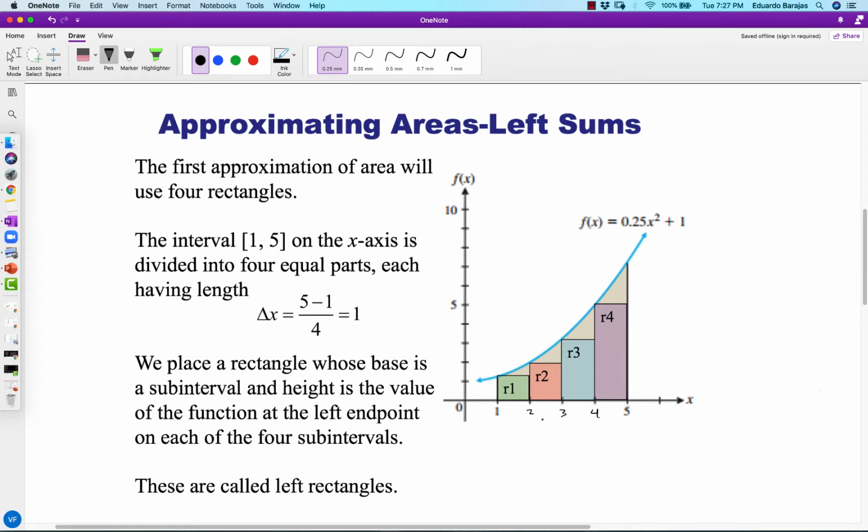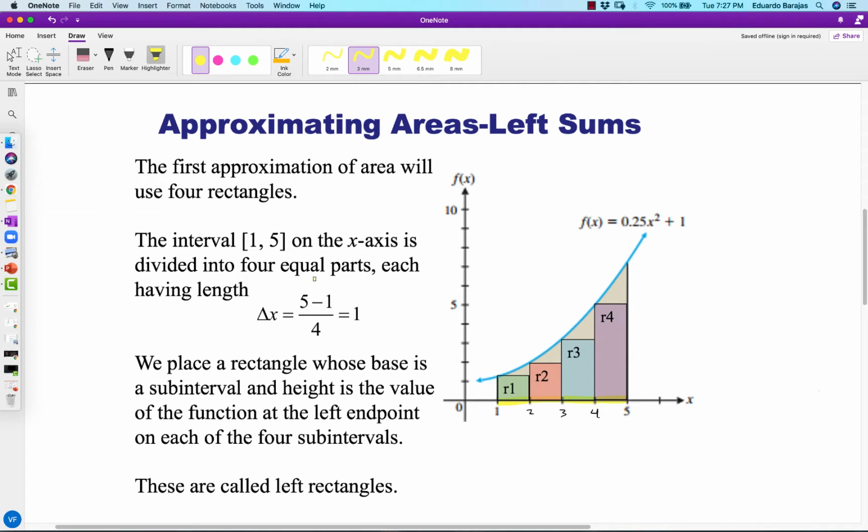So the interval from 1 to 5 is going to be divided, right? The area we're interested in is the area underneath the function f of x that's trapped between positive 1 and 5. So we're just interested in this area right here.